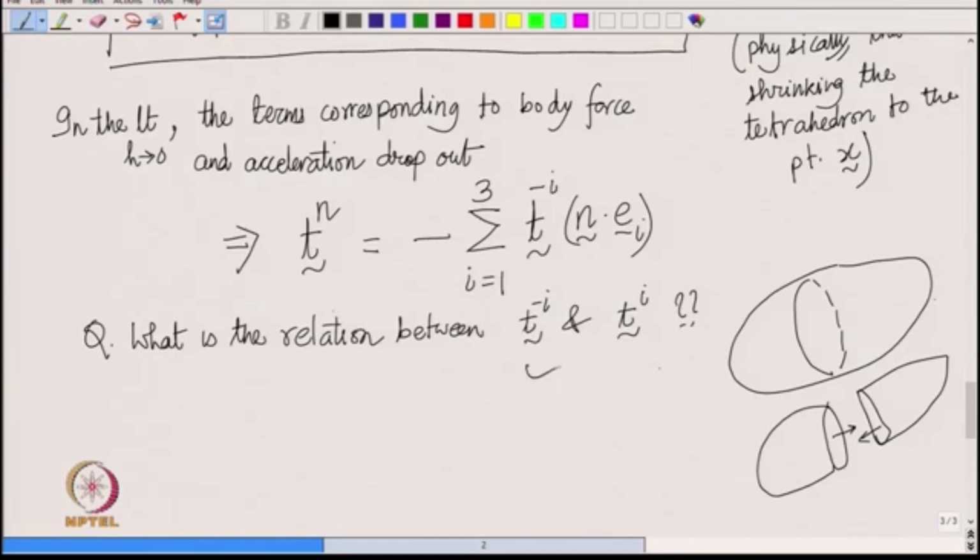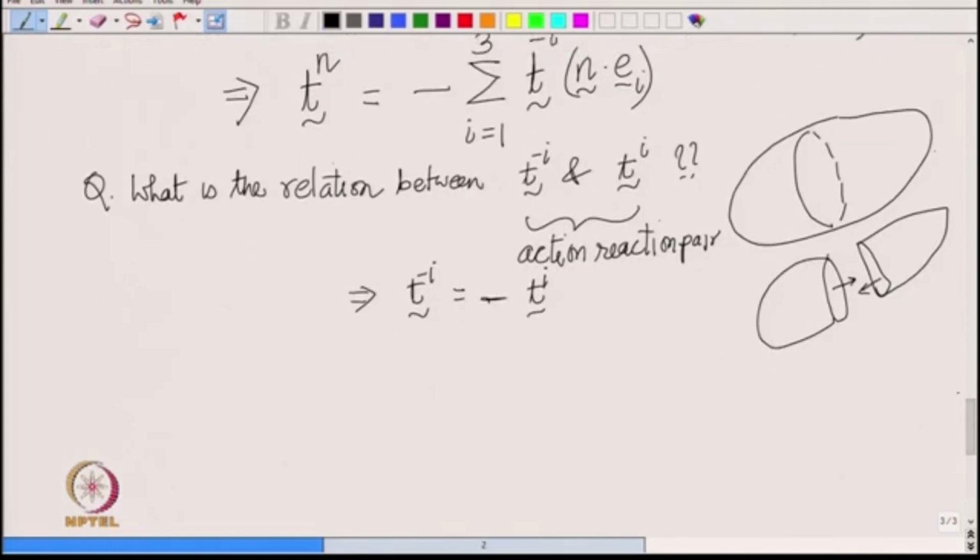So, I am going to write it, they are action reaction pair. Which means T minus i is equal to minus of T i. So, if you finally put this formula up there, so now you got the final result that you wanted.